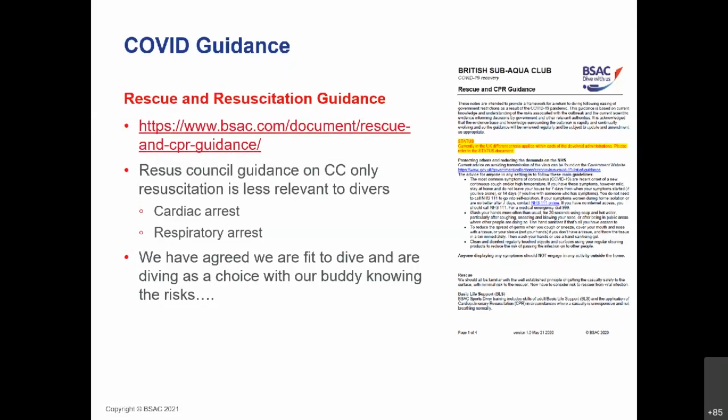And so the guidance for divers is that rescue breaths are still a vital action to take, but also bear in mind we've made the choice to go diving, accepting the risks, and have made that risk assessment. Personally, if I've decided to go diving with my regular buddy, then I've decided that I'm prepared to take the risk to provide rescue breaths.